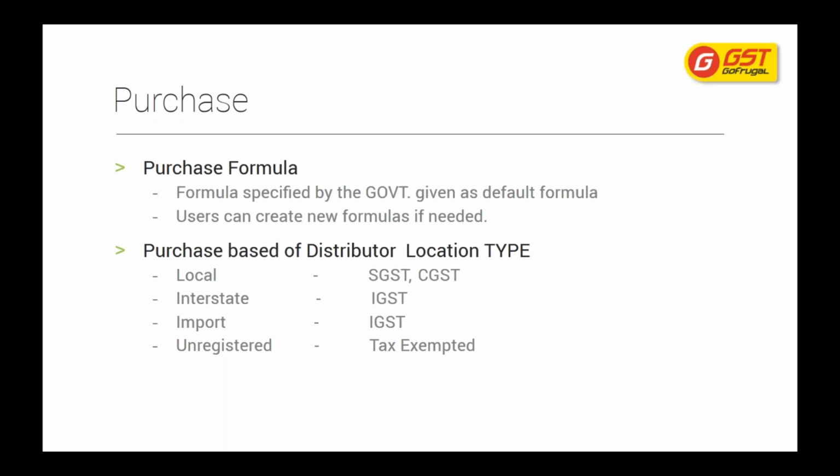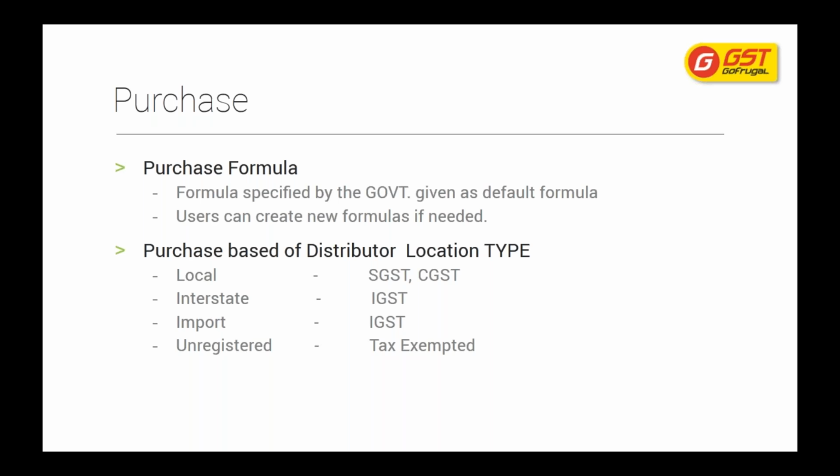If the distributor is out of our state, that is, if he is interstate, the GST that will be calculated is IGST. In this case, there won't be any central and state difference, but only a single tax, IGST. In case of import also, the same IGST will be calculated.